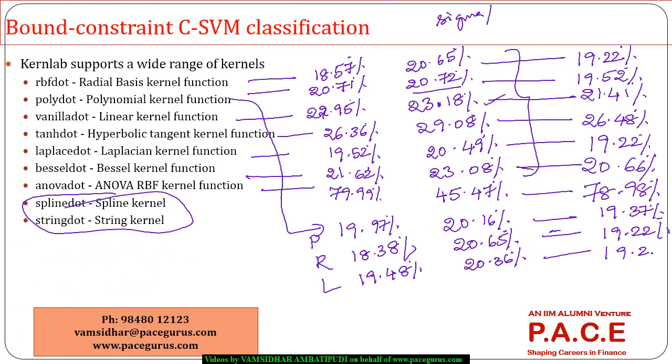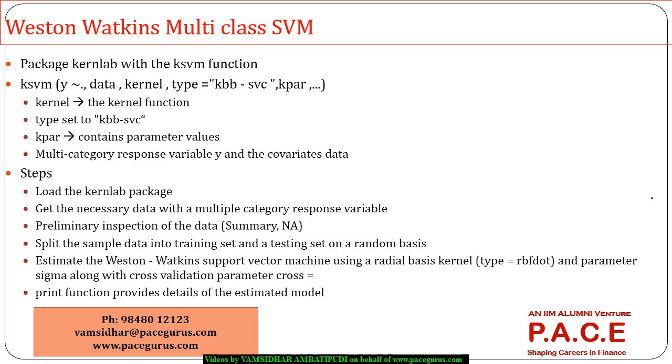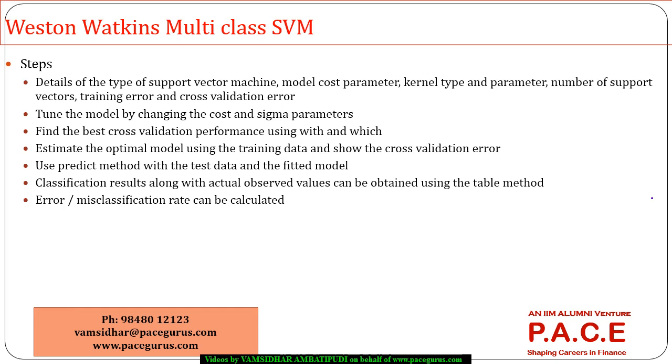So again we could see that for one of these three itself, unless I really change the parameters to some extent, if I'm using the default parameters, I'm not able to improve the model. I'm not able to reduce the misclassification error beyond any of these percentages.